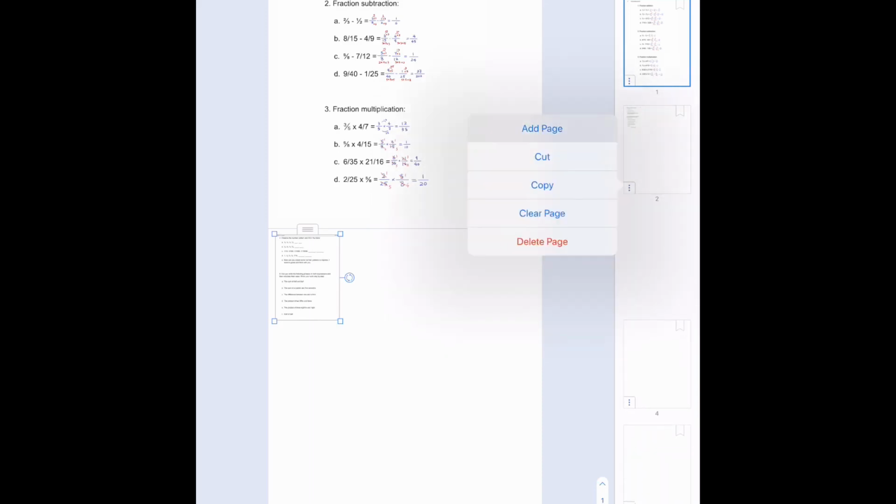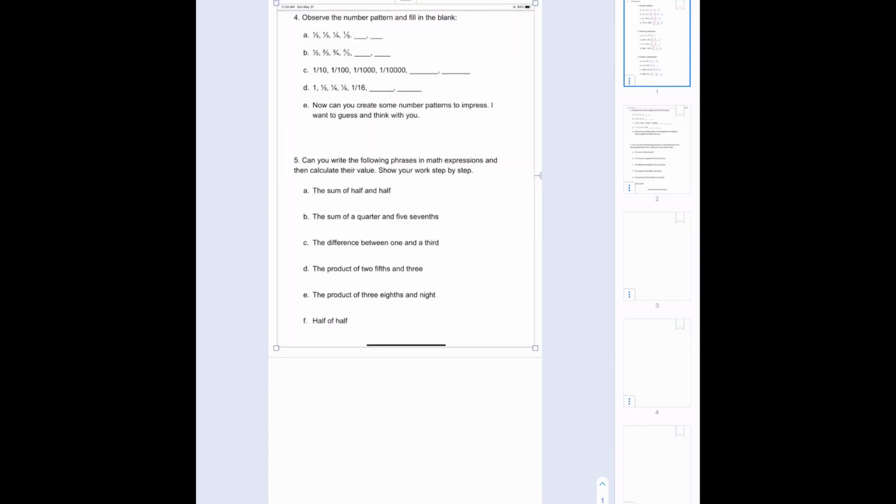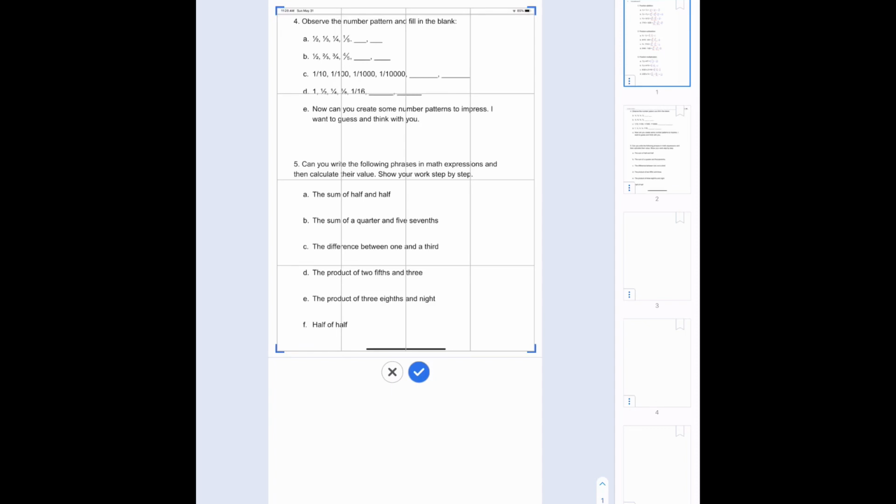Good. Okay, we are adding enough pages, easier for us to do. Let me crop it. I do not want to show my time to you. Okay.